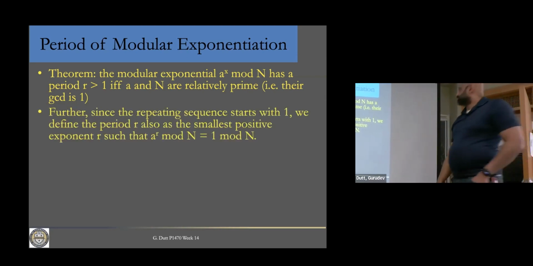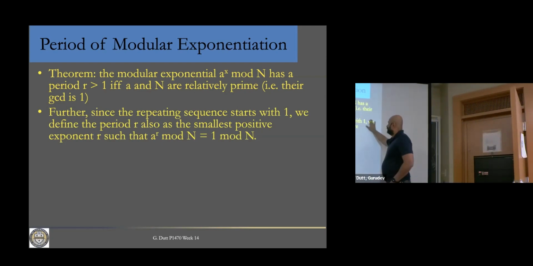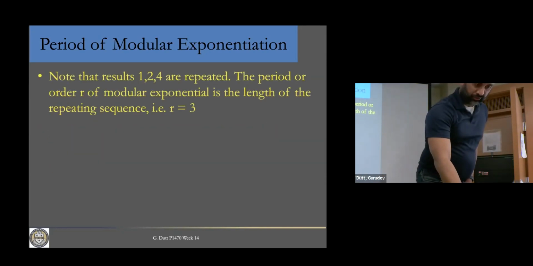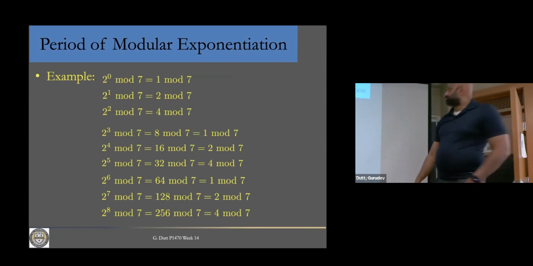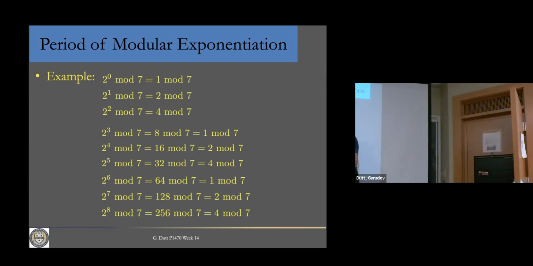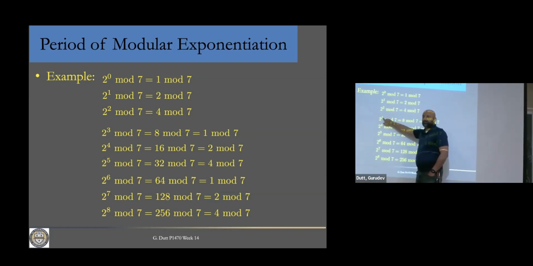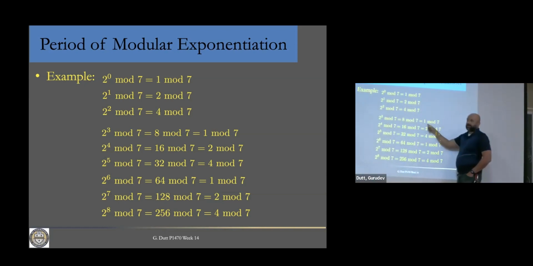Okay, and since the repeating sequence starts with 1, we can define this period r also as the smallest positive exponent r such that a to the power r modulo n equals 1 mod n. Again, we can see this in the example I just showed you. 2 to the 0 was 1 mod 7, 2 to the 1 was 2 mod 7, 2 to the 2 was 4 mod 7, and then 2 to the 3, remember r was equal to 3 for this case, 2 to the 3 modulo 7 was again 1 mod 7.